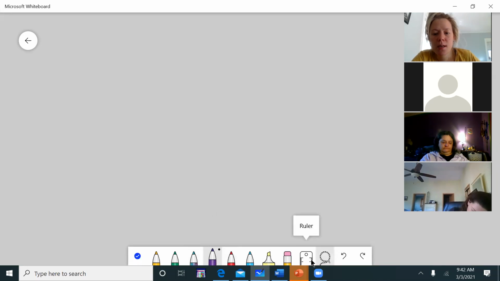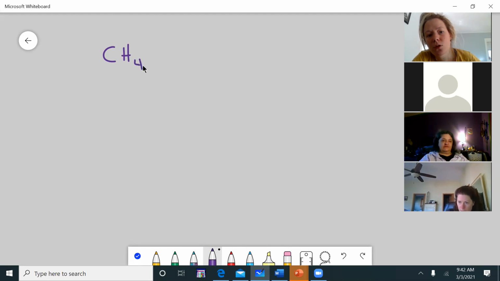So methane is CH4, just to reignite Lewis structures. I want you to draw me the Lewis dot structure for CH4. Shouldn't take too long. It's a simple one.